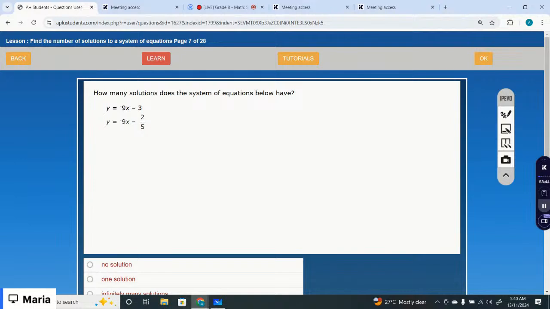So which is the correct option? No solution, right? They are the parallel lines, so no solution.